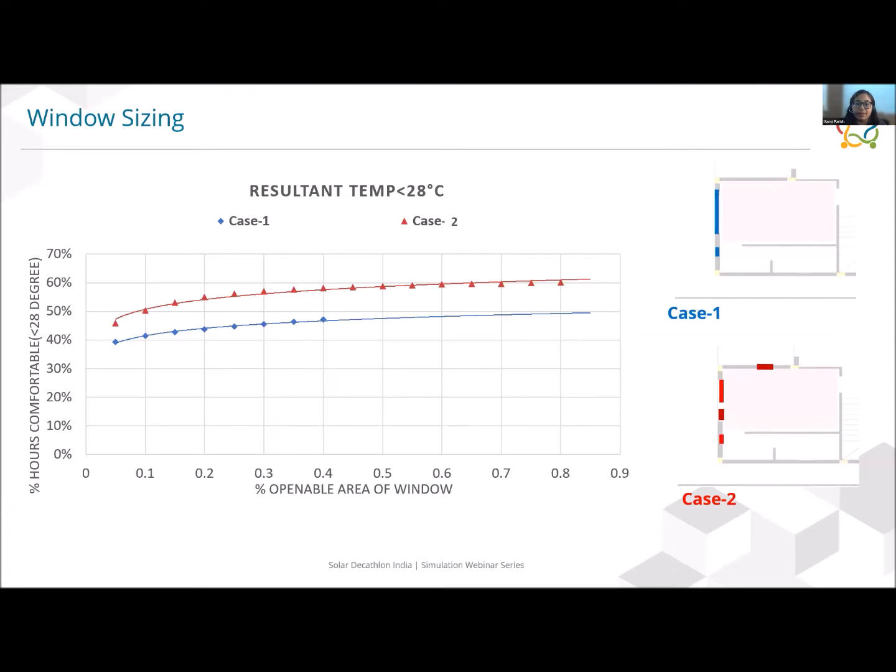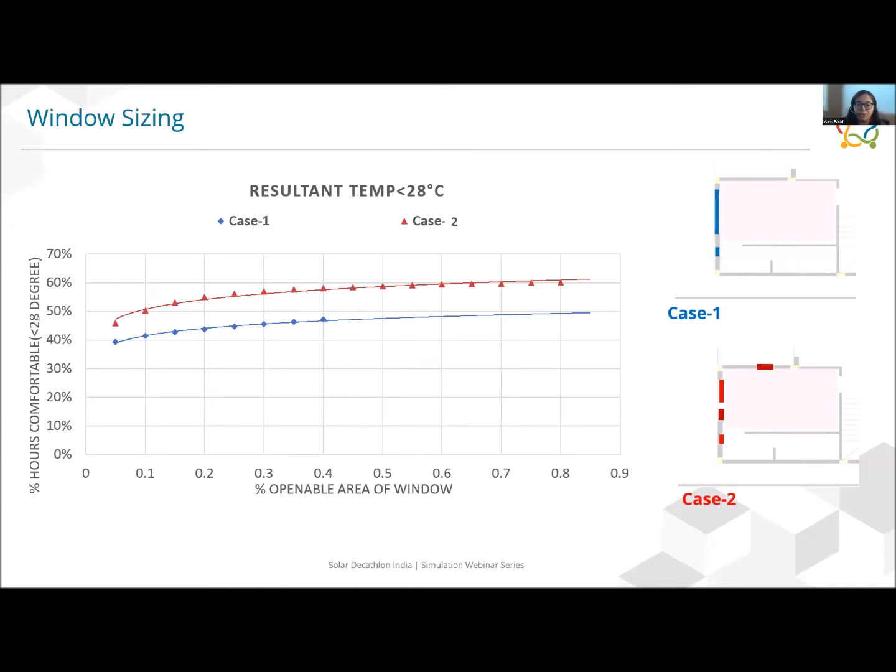So here in this particular chart, what we did was we studied 2 cases. In this graph, the x-axis shows percentage of opening of windows, and the y-axis shows hours comfortable. This is again for naturally ventilated spaces, hours comfortable across the year.